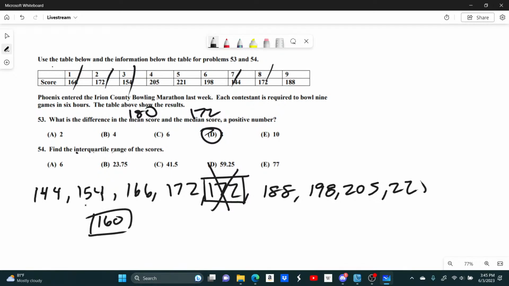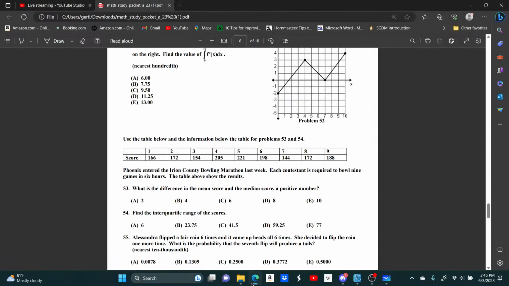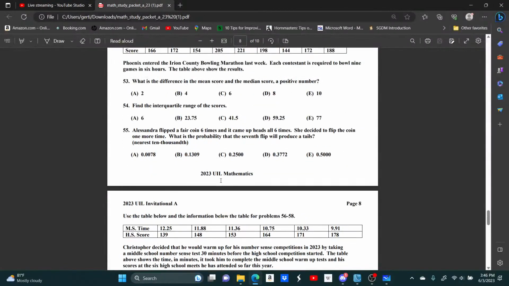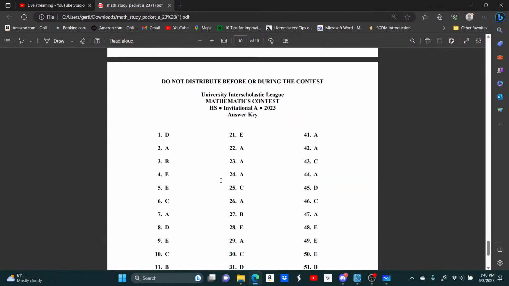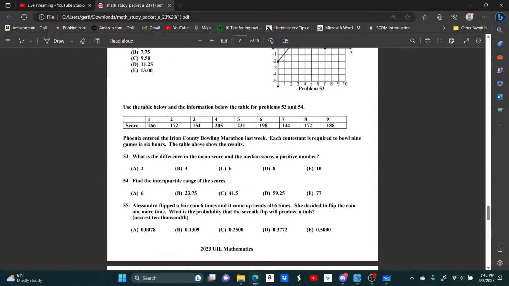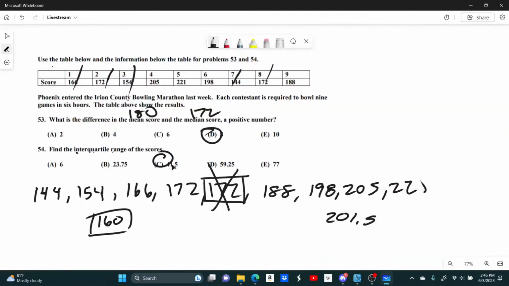And then from 198 to 205, halfway between those is 201.5. And so subtracting those two should get a C. Let me double check that, because I have a feeling I did something wrong, but maybe I didn't. Yeah, okay, I was right. I was trying to remember if I had to include this 172, but no, you do not include the 172.